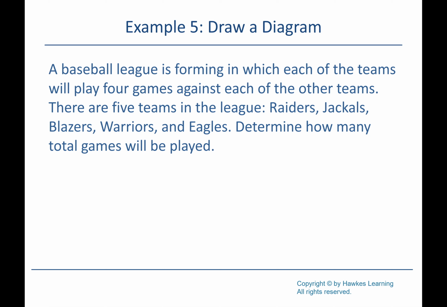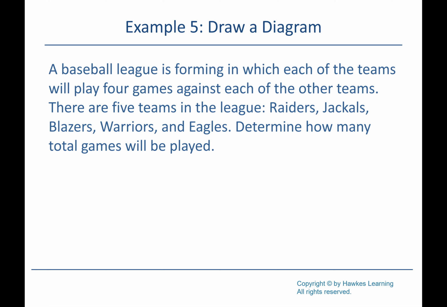And we want to determine how many total games will be played. So this is one where, if we just try to count it up, it gets confusing. So let's make sure we've got our key information. It says each team's playing 4 games against each of the other teams. And we've got 5 teams.